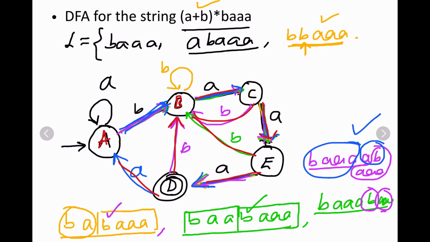So you can take any combination which ends with bbb, and it will be accepted. I hope you understand this whole concept. According to the problem statement, this will be very, very important. You may expect this kind of problem in your exam.